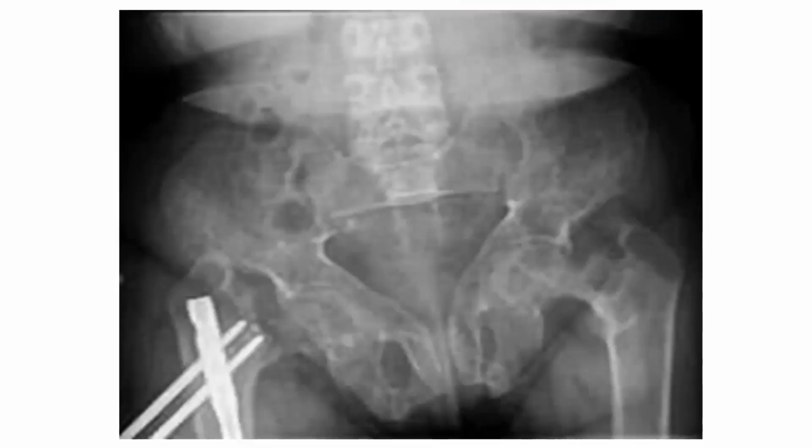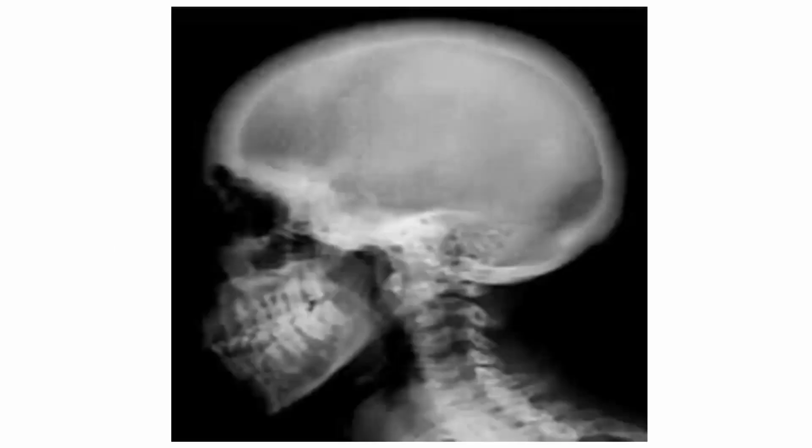Now this is an X-ray showing the fracture of the femur in a patient with chronic kidney disease and very osteoporotic bones, no calcium in the bones. Skull, again, decreased mineralization of the skull, giving paper thin skull features in patients with chronic kidney disease.